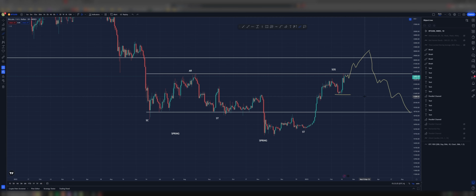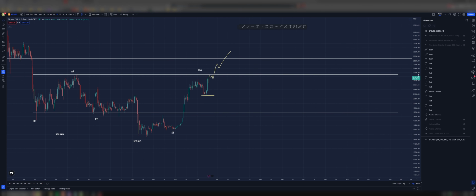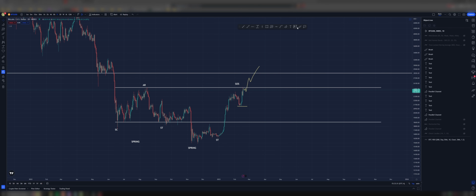But right now, this is honestly like hopium. I hope that we get that 30K, and we get a nice test of the structure. We go at lowest, we take out this low right here, and then we come back up quick, and then we break this high right here.